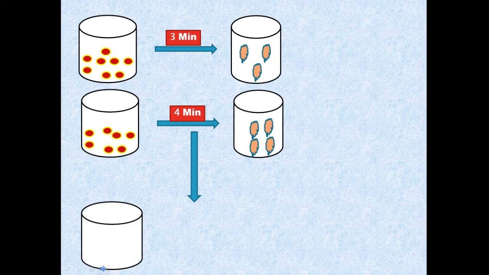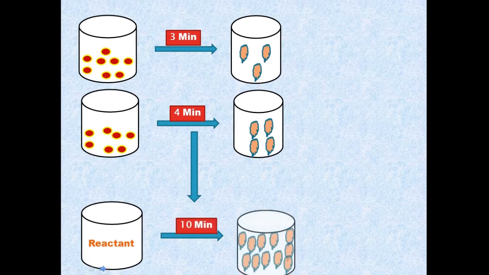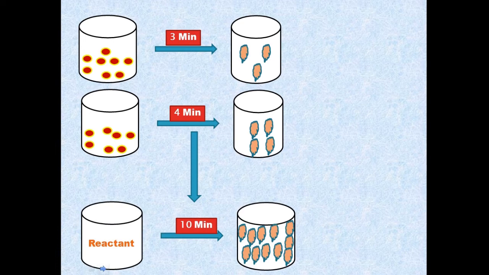Finally, after 10 minutes, total number of reactants are completely converted into the product B. So from these graphics we can say that the concentration of reactant A is decreasing and the concentration of product B is increasing with the given time.